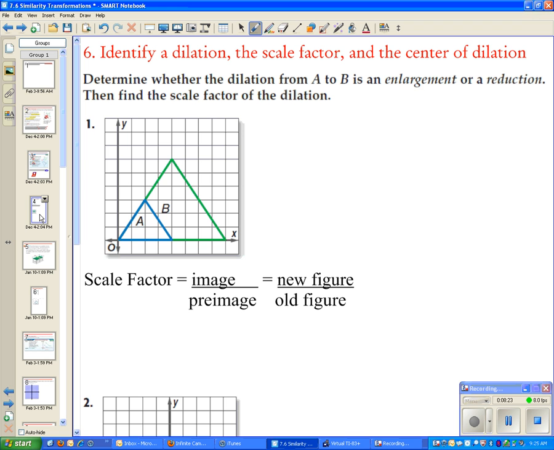Determine whether the dilation from A to B is an enlargement or a reduction. Then find the scale factor of the dilation. So A is the blue figure, B is the green figure. So is that an enlargement or a reduction? It's an enlargement.